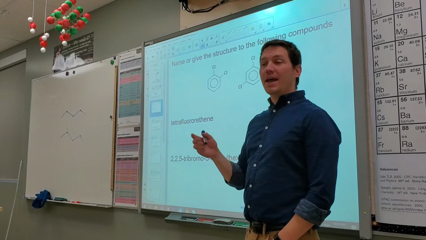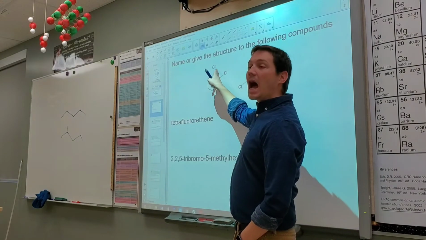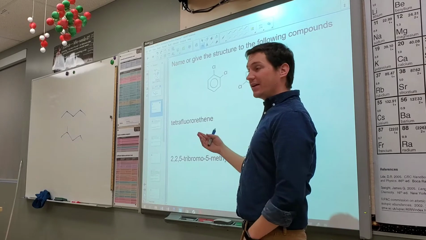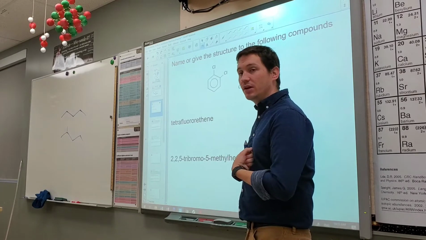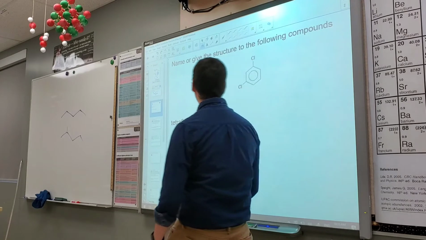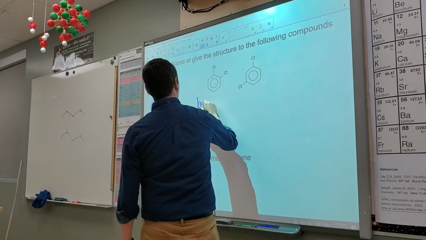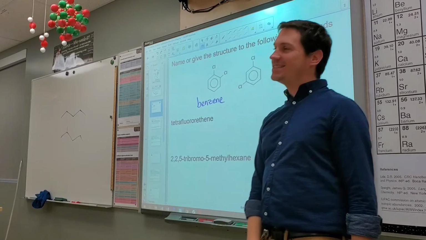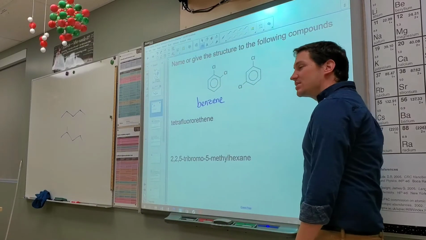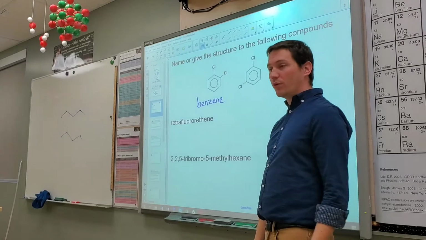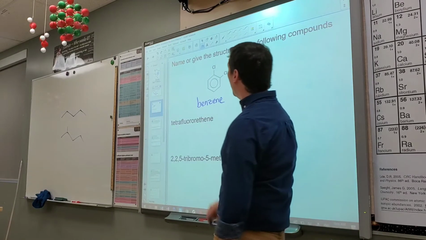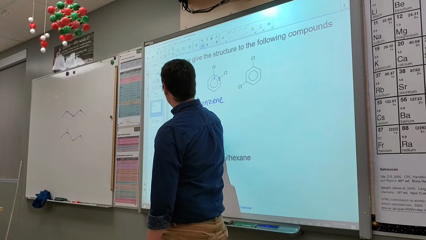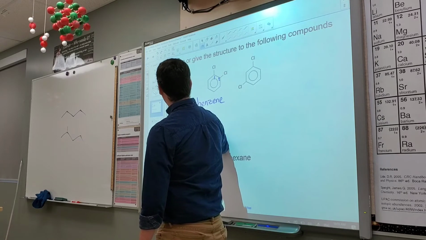For sure, we're going to have some sort of dichloro group, right? But what is the parent that this thing is attached to? Benzene. That's so good. And so where are the chloro groups here? 1 and 2. So we're going to say 1,2-dichlorobenzene.